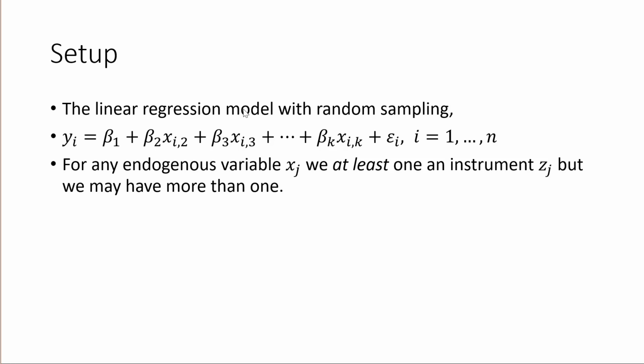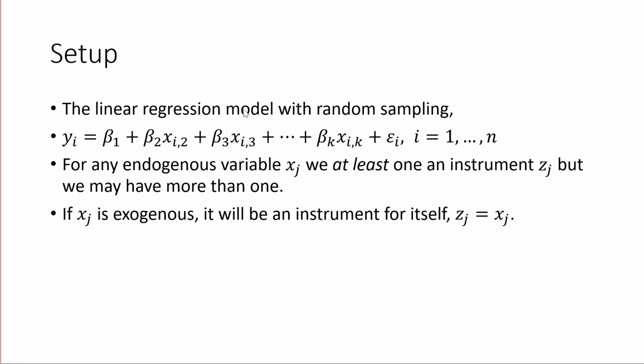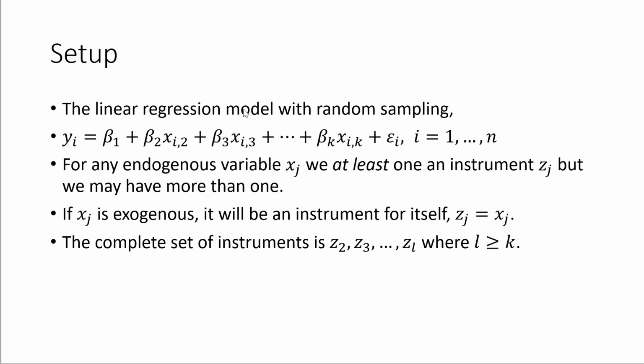For explanatory variables that are exogenous, again, we only use one instrument, and that is the variable itself. So if xj is exogenous, there will be only one instrument, zj. So in this case, the complete set of instruments will now be from z2 through zl. So I have l minus 1 instruments.